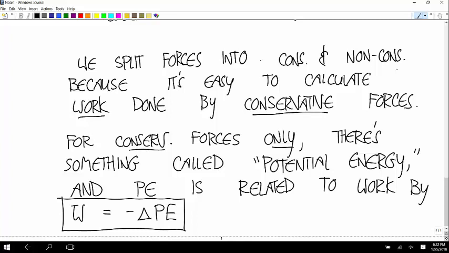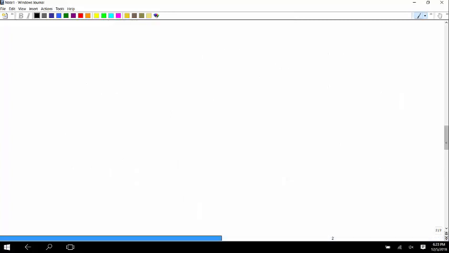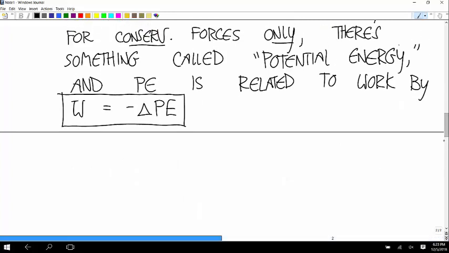Okay, so this potential energy depends only on the object's location. And if you calculate the potential energy at one instant and then at another instant, you can use that to calculate the work. The calculation of work can be sort of complicated, so this makes it easy.